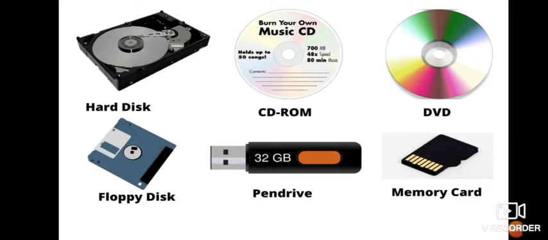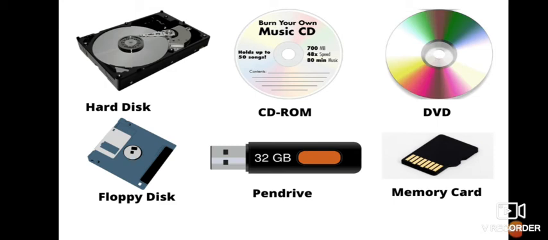Then DVD. It looks similar to CD. CD and DVD-ROM are both of similar shape. It is also in circular shape. But the only difference is that it has larger storage capacity as compared to CD-ROM. And it stands for digital video disc.